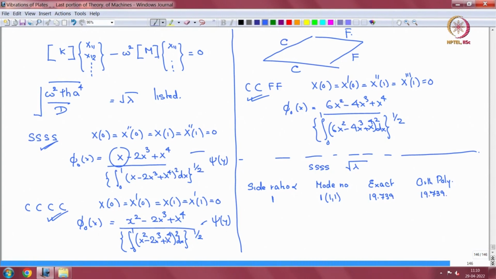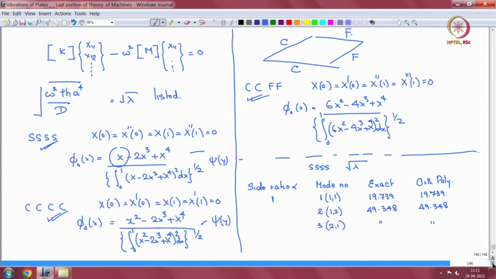Then second is the 1,2 mode, 49.348. This also is 49.348. It's 2,1. This is a square plate, so you will get the same value.